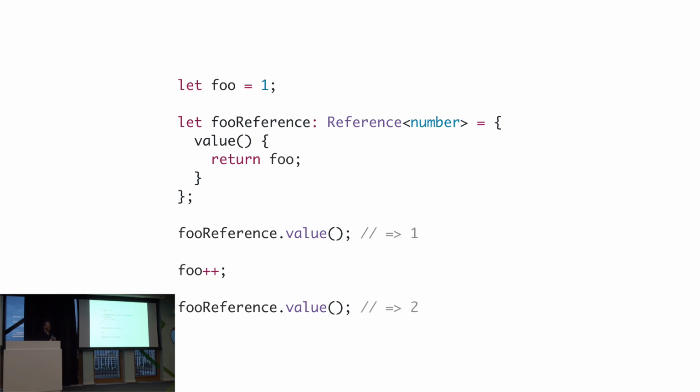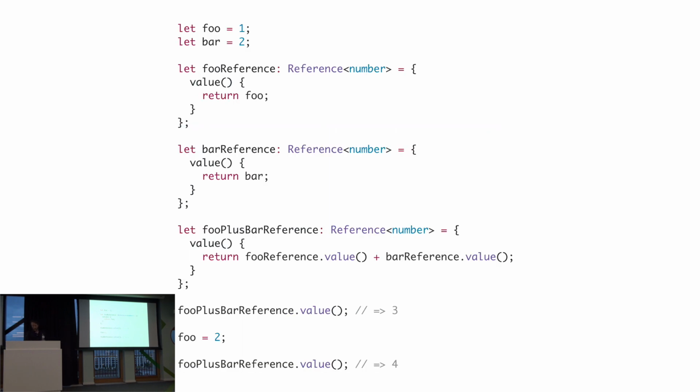What this allows us to do, though, is to pass the reference to the variable around as opposed to passing the actual value of foo. Right? References can also be composed. So here we have two references, foo reference and bar reference. They're basically the same thing as on the previous slide.